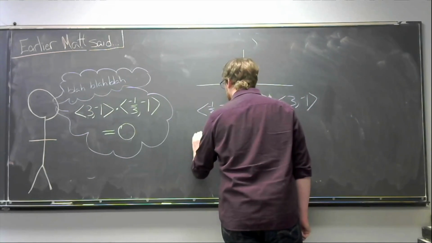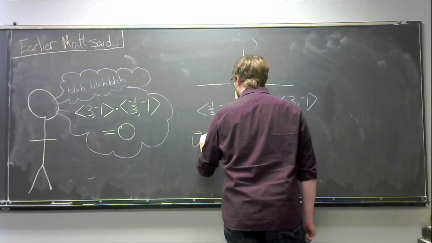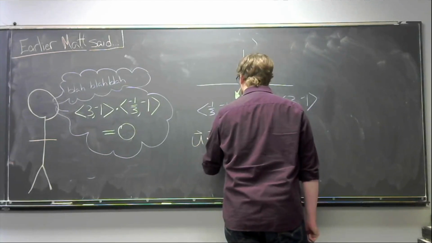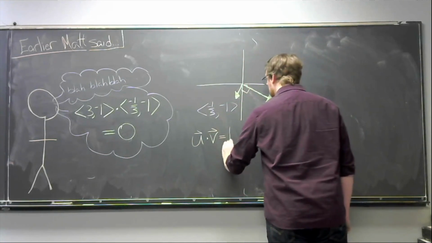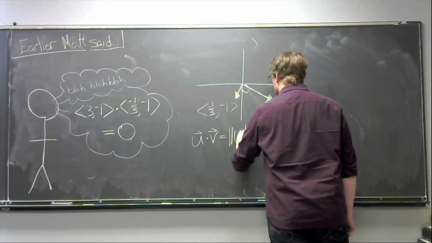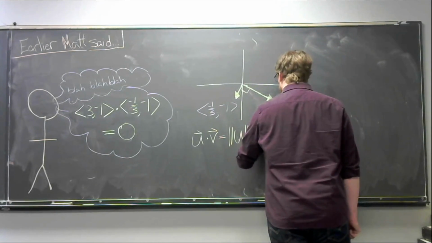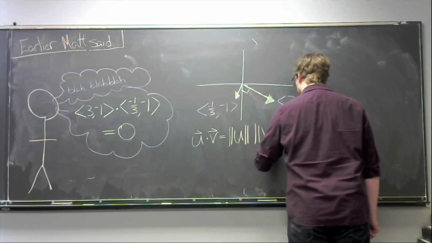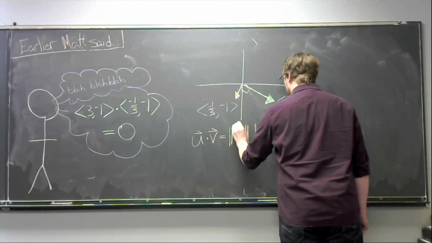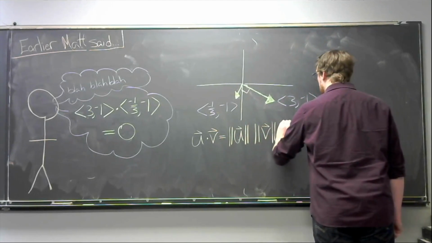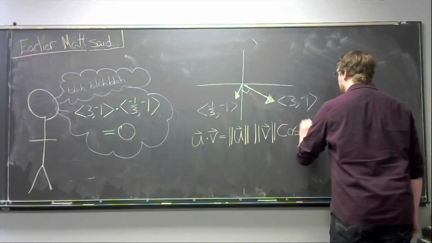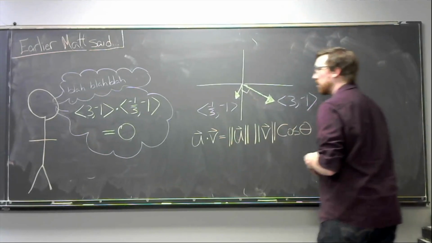We said u dot v is equal to the magnitude of u times the magnitude of v times the cosine of the angle between the two vectors.